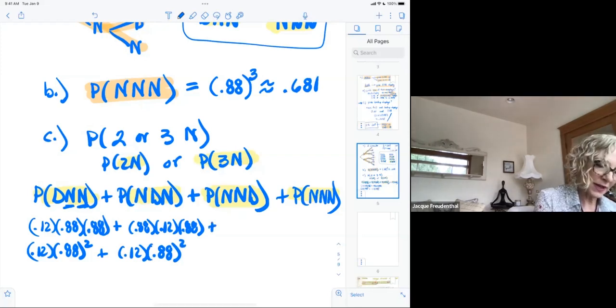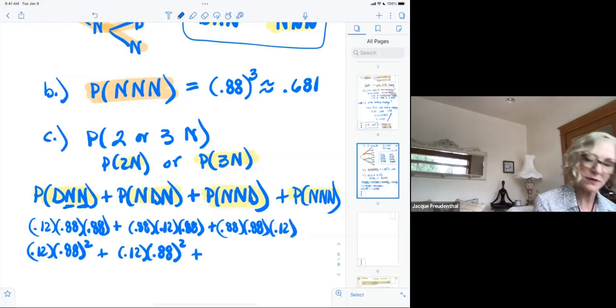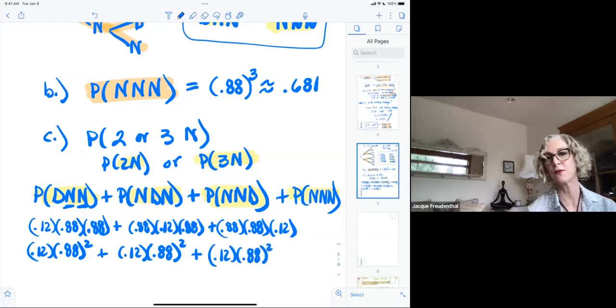And then the third way, not defective, 0.88, 0.88, and then defective 0.12, which I can write as 0.88 with the exponent of 2. I can always multiply in any order.